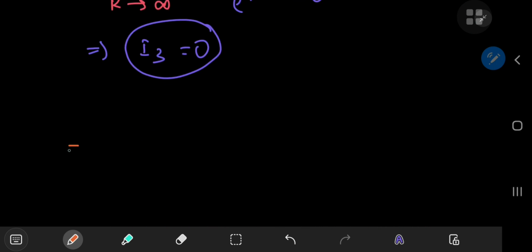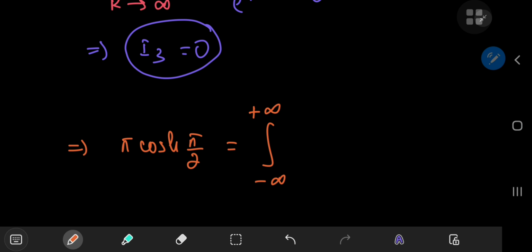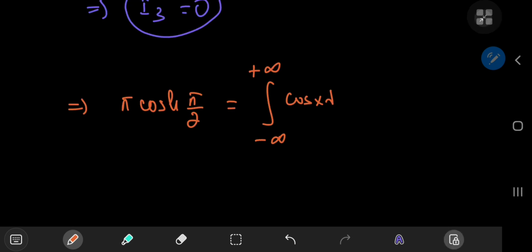And now I can use all of this information. So I remember on the left hand side we had pi times cosh pi by 2, and this equaled the integral from negative r to positive r, but we're considering the limiting case for r going to positive infinity. So we have the cosine of x dx divided by e to the x plus e to the negative x.